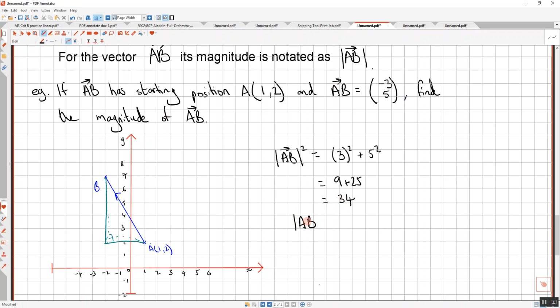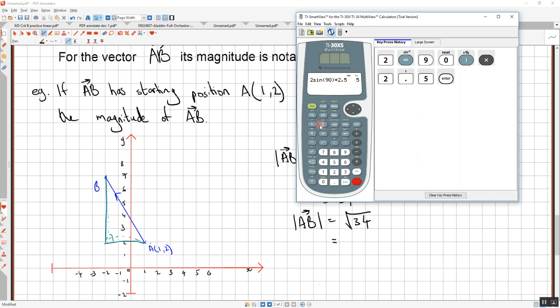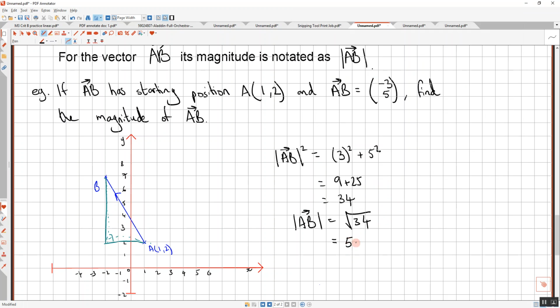So the magnitude of A to B is the square root of 34, which is 5.83. Easy enough.